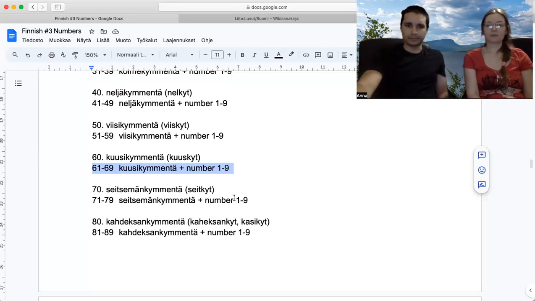61 to 69. 61, 62, 63, 64, 65, 66, 67, 68, 69.